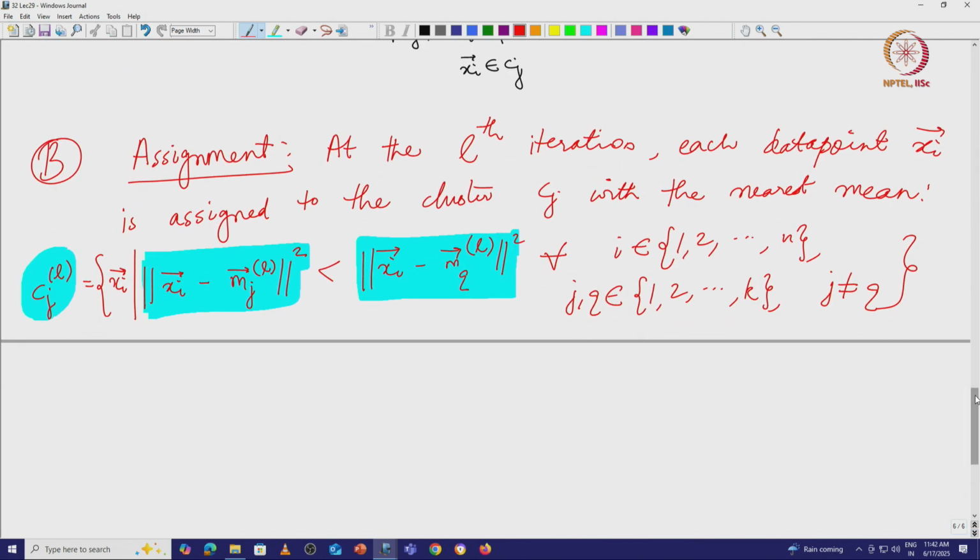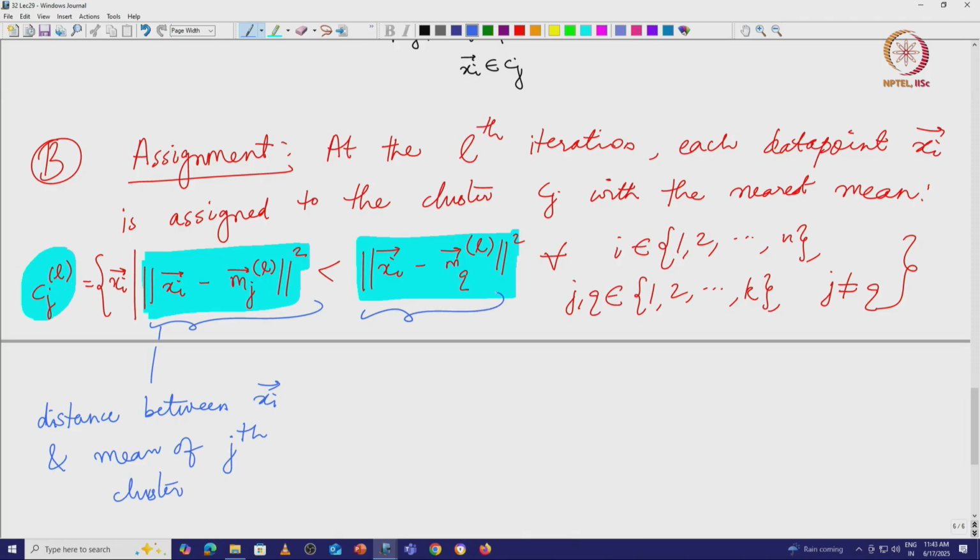Here this first term is the distance between xi and the mean of the jth cluster, and this here, as you may have guessed, is the distance, or distance squared really I should say, between the point i and the mean of the qth cluster.